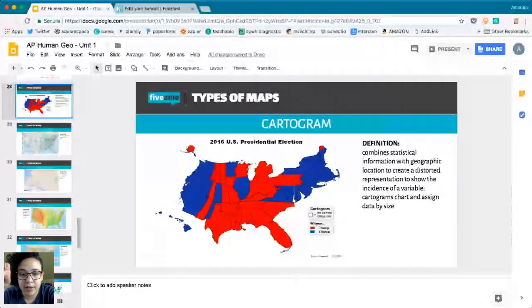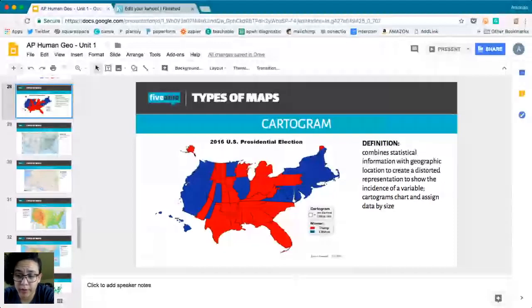Oregon went blue in 2016, but it's not worth as many electoral votes as California or New York, right? Or you can see Florida and Texas are much bigger, but the Dakotas are tiny. So this is showing you a couple of different pieces of information. It's showing you the United States, who voted for what, and how those things are related to each other.